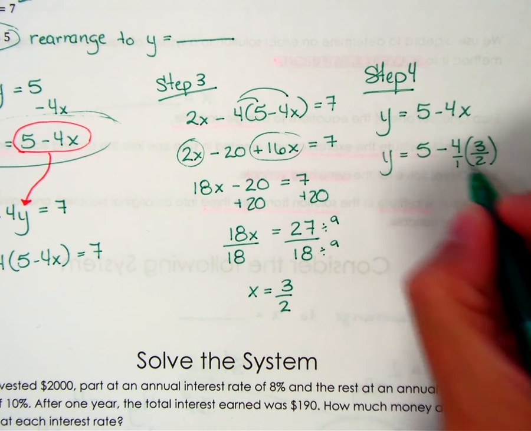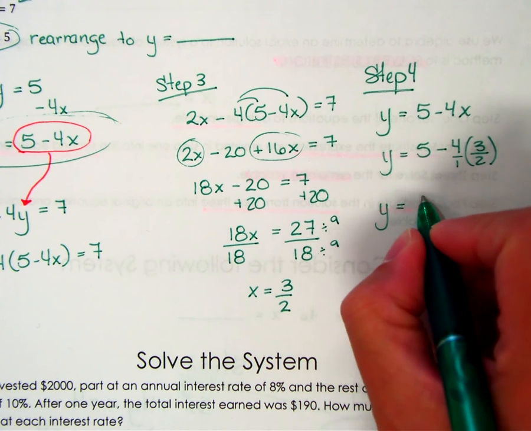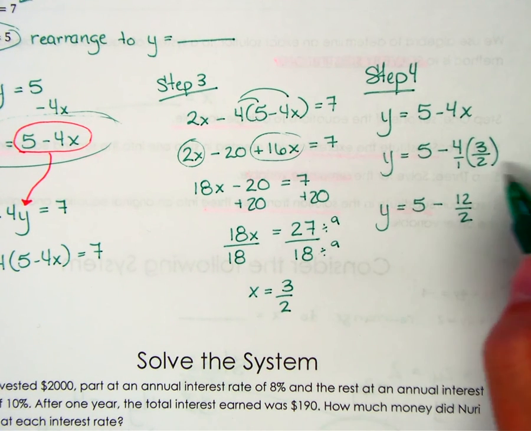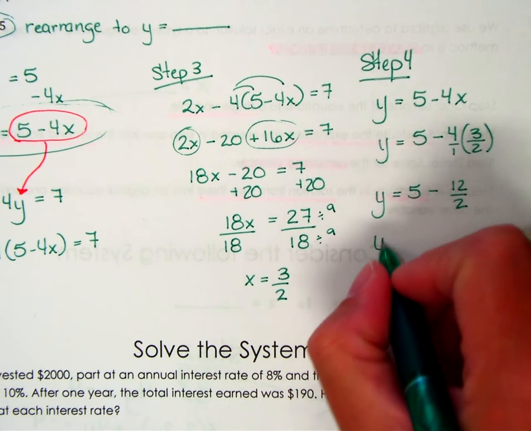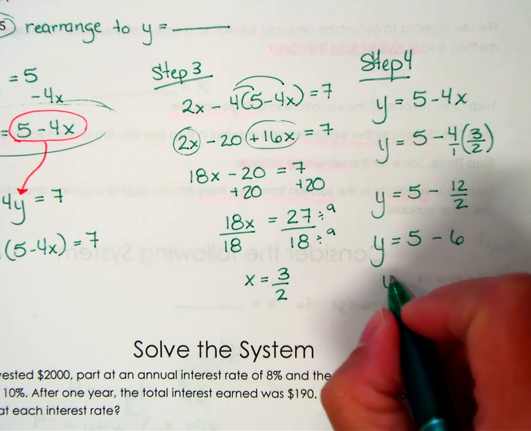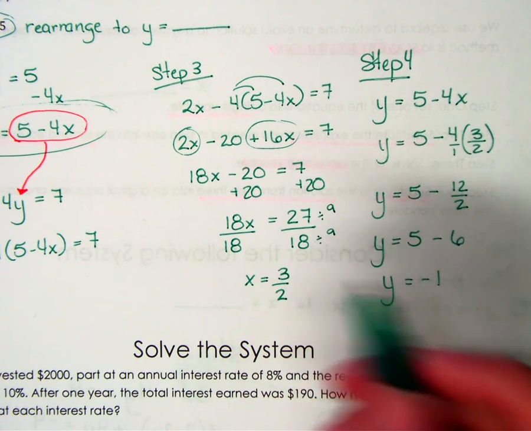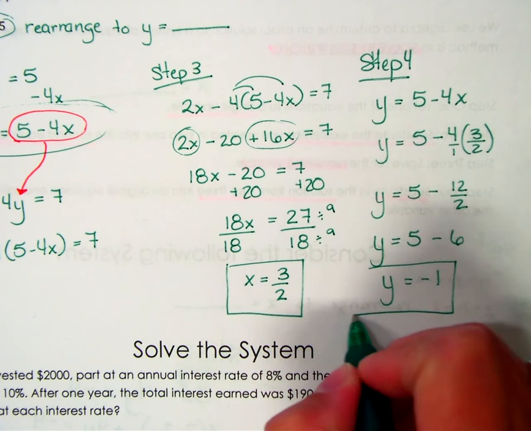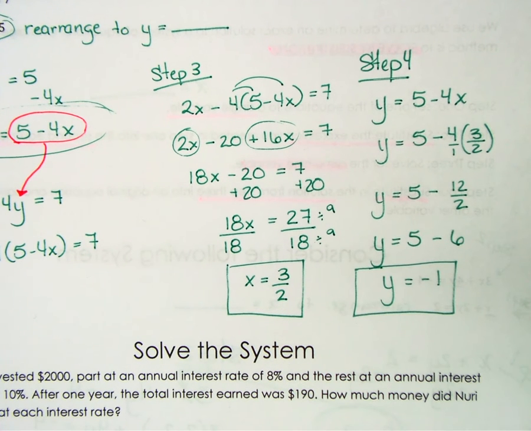And that's like saying 4/1. So y equals 5 minus 12/2. And I can reduce that fraction. That's 6. So 5 minus 6. So y is equal to -1. So my x is worth 1.5, and my y is worth -1.